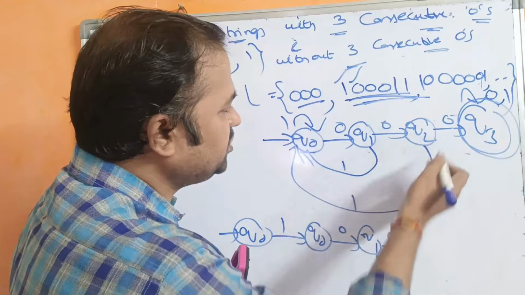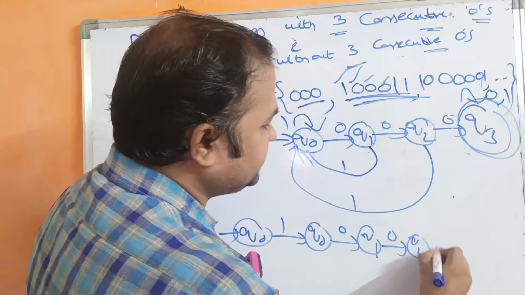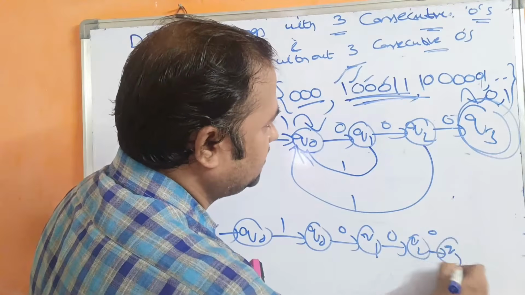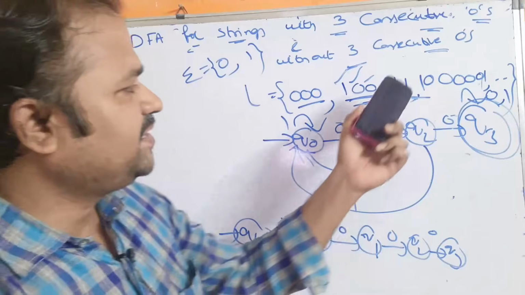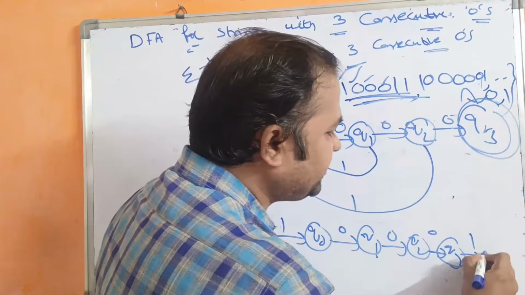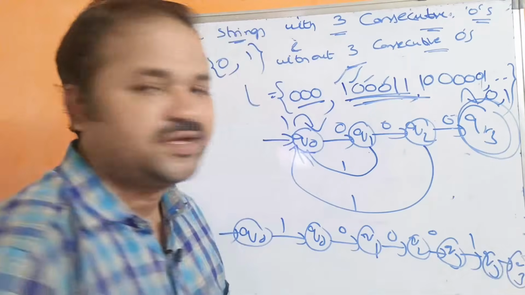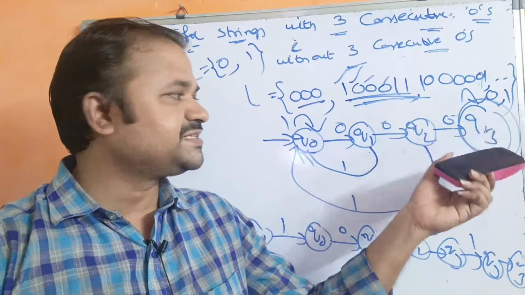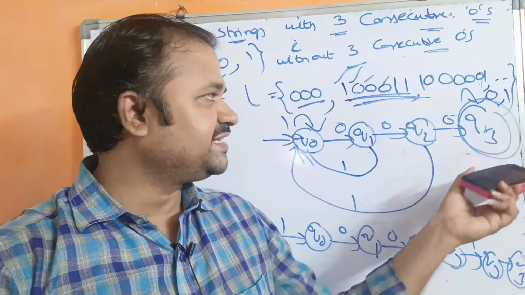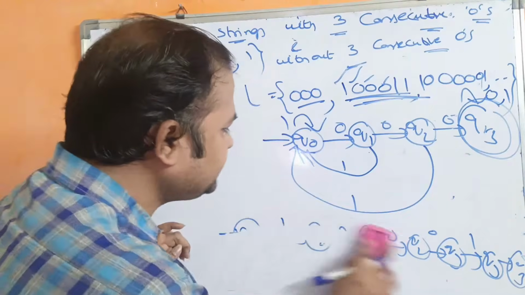Next Q1 on 0 means Q2. Next Q2 on 0 means Q3. Next we have 2 ones. So Q3 on 1 means we will stay at Q3 only. Q3 on 1 means we will stay at Q3 only. Here Q3 is nothing but the final state, so we can say that our string is accepted by the DFA. So our DFA is correct.